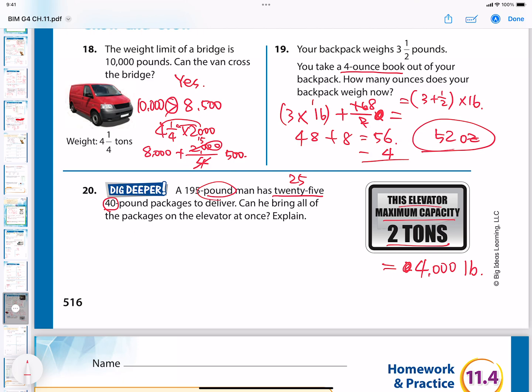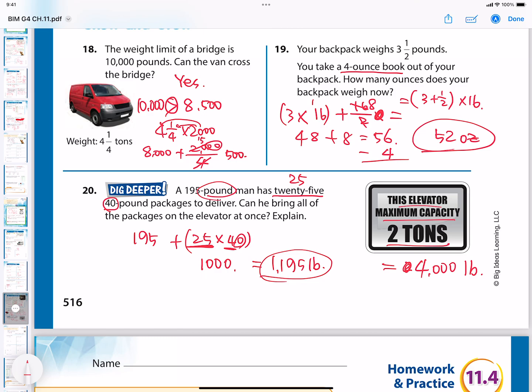Okay, so now 195 pounds plus 25 packages. Each package has 40 pounds. Now let's see. Wow, I know 25 and 4 look familiar, right? Quarters, right? And that's gonna be 100, and plus 0, so that's 1,000. And 1,000 plus 195 is equal to what? 1,195 pounds altogether.